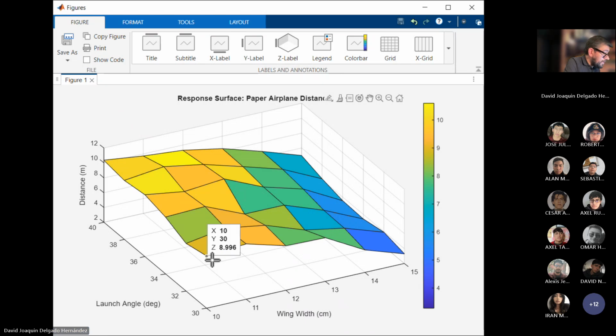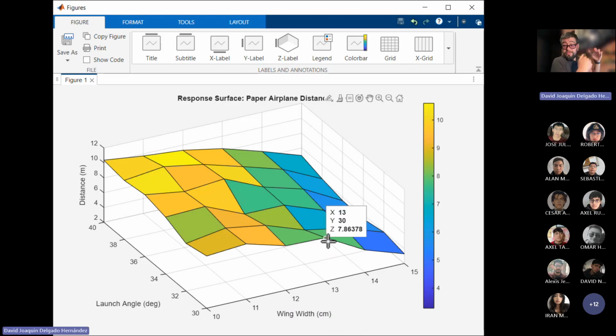So look, here you have 8.99, 9.42, 7.97. If you see, these values don't change a lot, okay? It is not like at the very beginning when I had less than 1 meter, and on the other side I had 4 meters. So it is a very high difference, right?